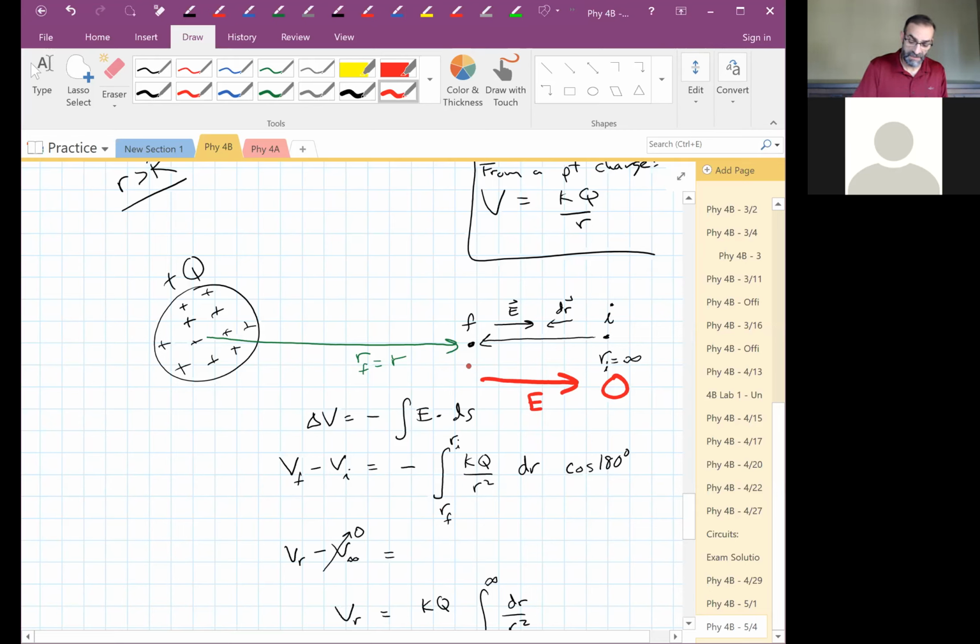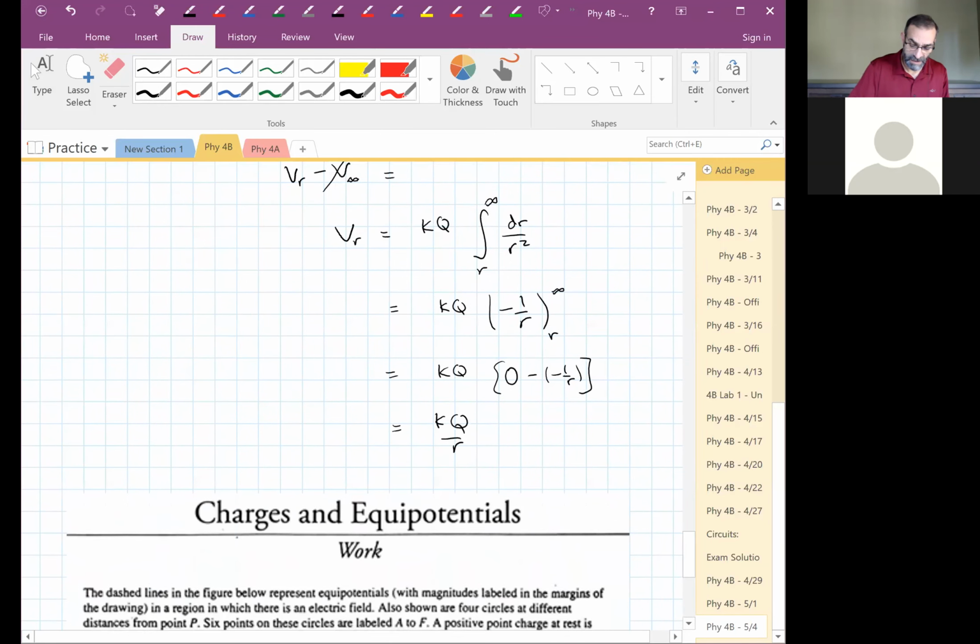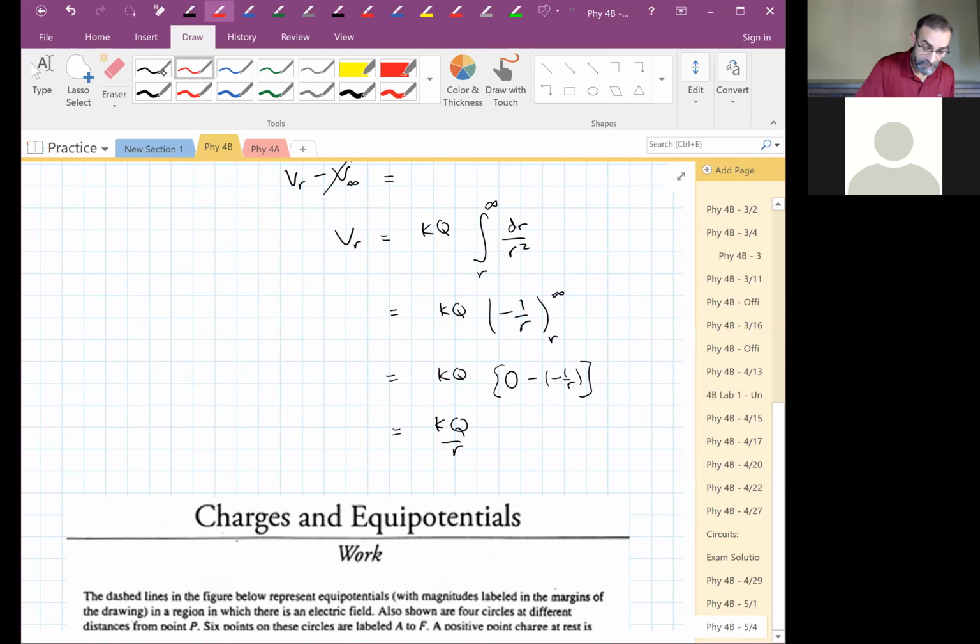So what does the potential have to be at any place before we get to infinity? Has to be bigger than 0, has to be positive. So my answer here has to be positive. This number must be positive. And what did I get? I got a positive number, right?